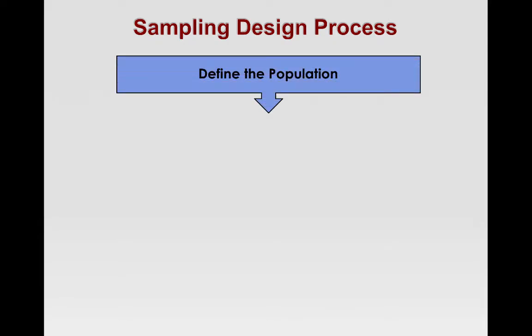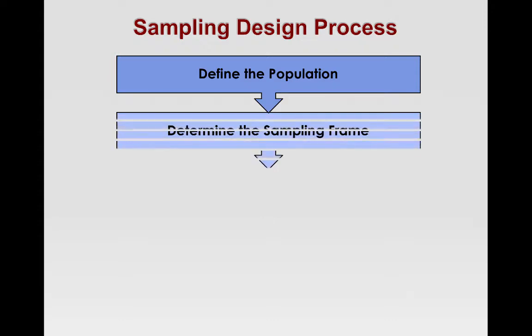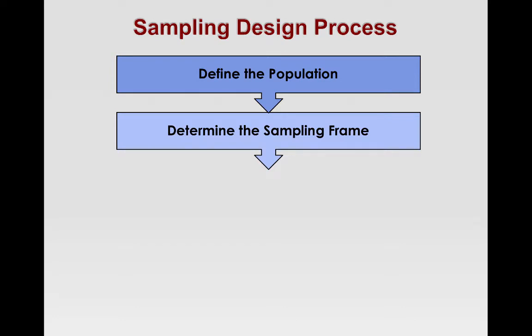Sampling design begins by defining the target population in terms of elements, sampling units, extent, and time. The sampling frame should be determined. A sampling frame is a list of the elements of the target population. Directions for constructing the sampling frame should also be included.